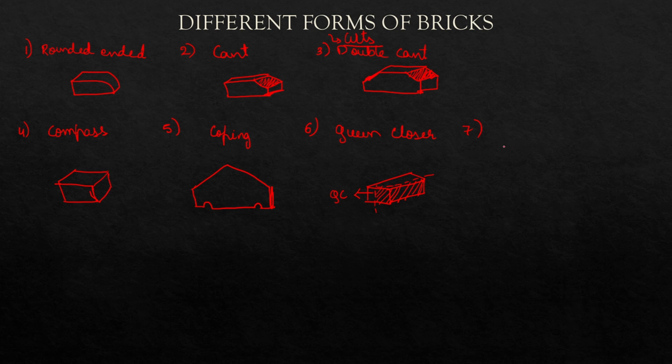Next is king closer. In king closer, the brick is cut in such manner. So this part is cut, so the rest part is called as king closer. In this much part is cut, and the remaining part is called as beveled closer.